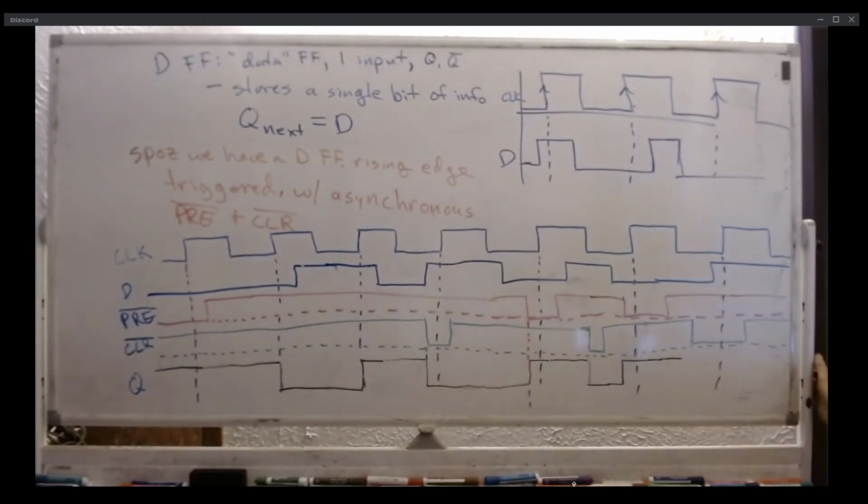Yep. And then it stays low until it hits that next pre, or wait, that's clear. And it goes low again when clear goes down. And once again, D is totally ignored. And it stays that way until we get hit again.